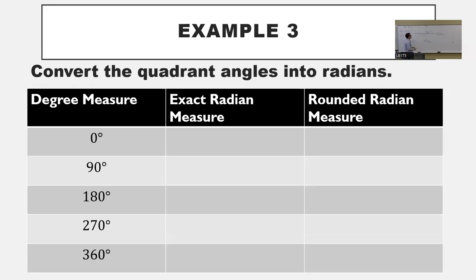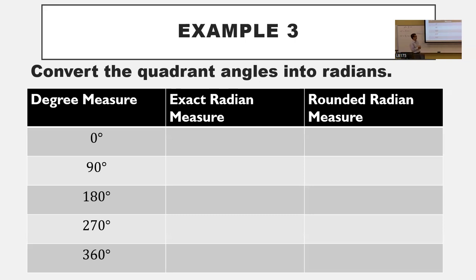Now, a lot of times it's really easy to see what quadrant an angle is in if we're measuring in degrees. If we're measuring in radians, because radians deal with these pi's, oftentimes it's not quite as easy to see what quadrant our angle is in.